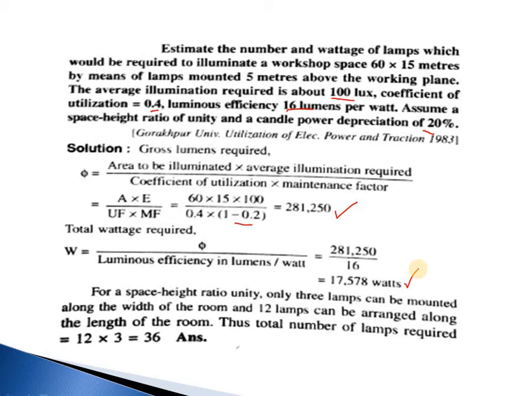Now, for a space height ratio of unity, only 3 lamps can be mounted along the width of the room, and 12 lamps can be arranged along the length of the room. So the total lamp requirement is 12 into 3.